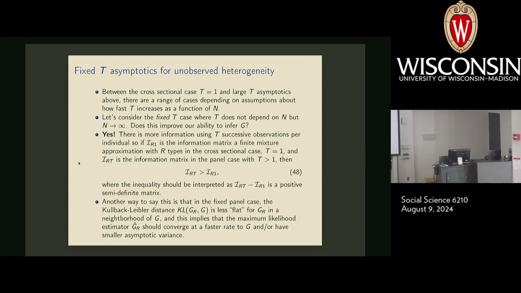So if there is more information, the standard errors with panel data are going to be less. So how much less? How fast does this thing get big with T? Another way to think about it is that with time series panel data, the objective function becomes less flat. The Kullback-Leibler distance gets more and more curved as T gets big, and that curvature shows up in the information matrix.